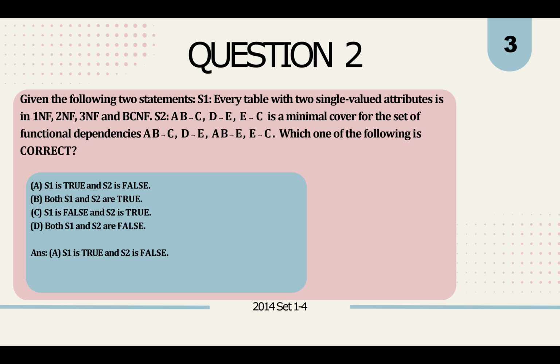First is S1 is true and S2 is false. Both S1 and S2 are true. S1 is false, S2 is true. Both S1 and S2 are false. So here we can see that only S1 is true. So the answer is option A: S1 is true and S2 is false.